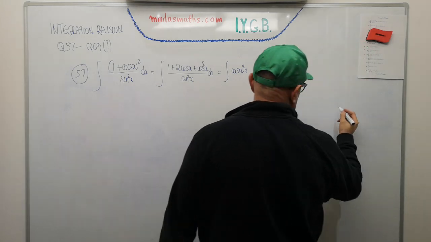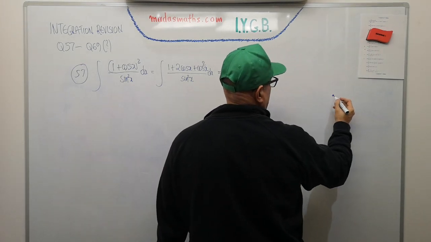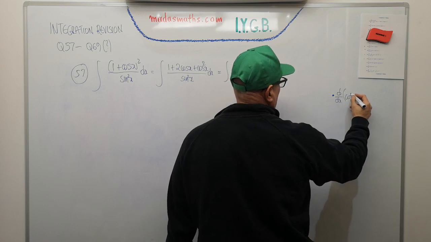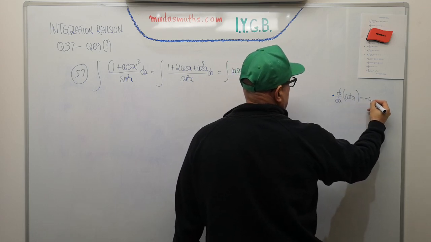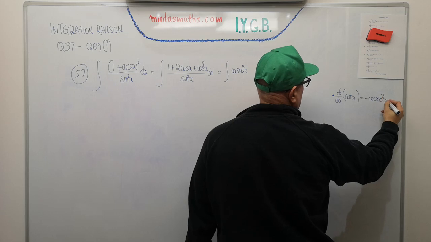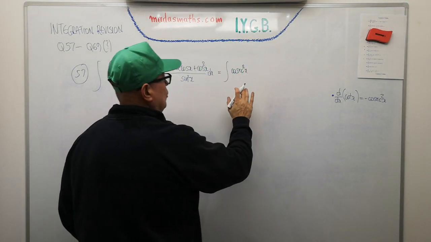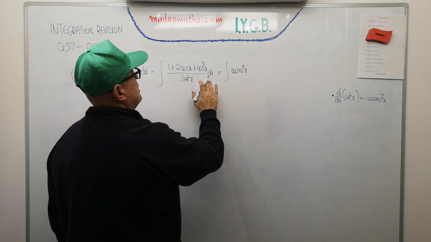The reason I want it as a cosec is a fact we've seen before: the differential of cot is minus cosec squared of x. It's in your formula booklet, so you ought to know it or look it up under differentiation.